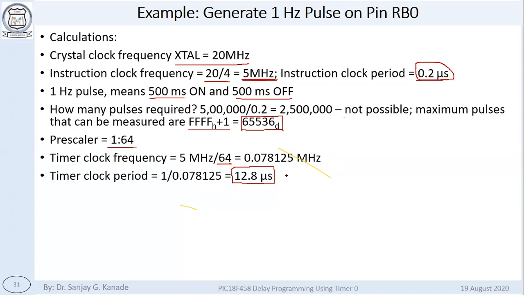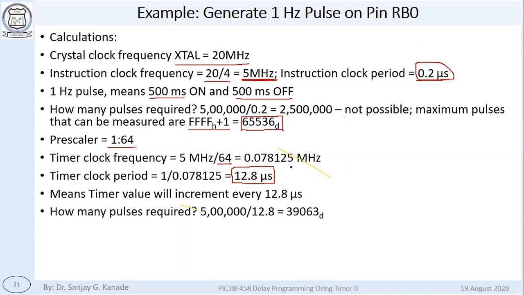So now again we will calculate how many pulses, each of 12.8 microseconds, are required. We again divide 500 milliseconds, or 5 lakhs microseconds, by 12.8, which is equal to 39063 pulses that need to be counted. Each pulse is of 12.8 microseconds, right?